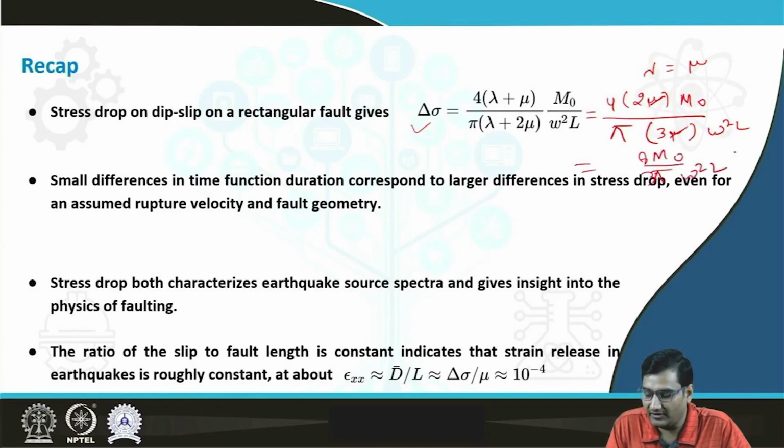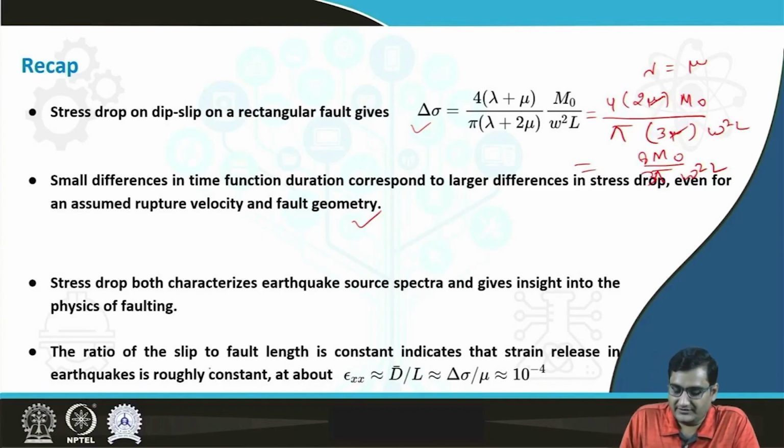Small differences in time function duration correspond to large differences in stress drop, even for an assumed rupture velocity and fault geometry. Stress drop both characterizes earthquake source spectra and gives insight into the physics of the faulting.